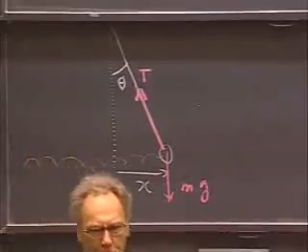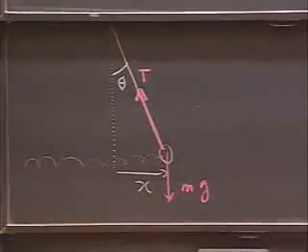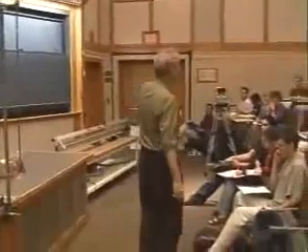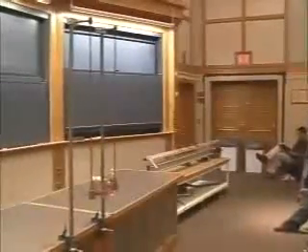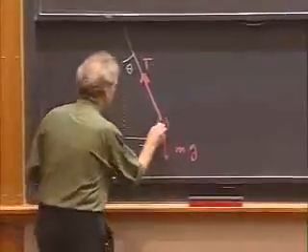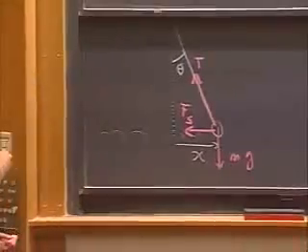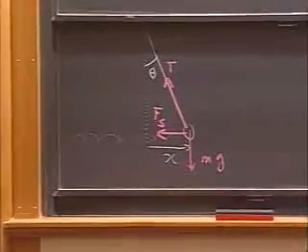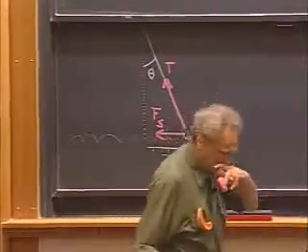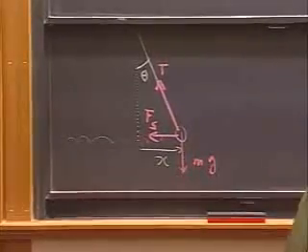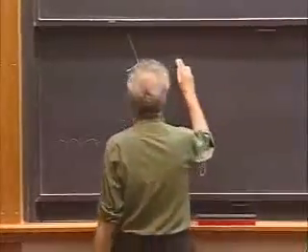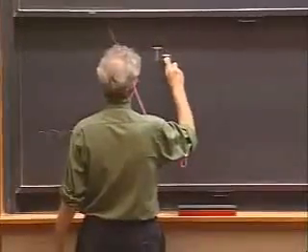But there's more. What else is there? Spring. How much longer is the spring than it wants to be? 2x. Exactly. In other words, there is a force here, I call that the spring force Fs, which is bringing it also back to equilibrium, and that one is 2kx. Now, the tension is very close to mg.